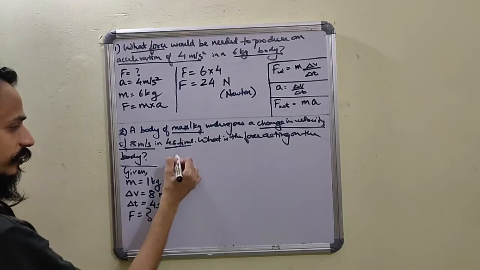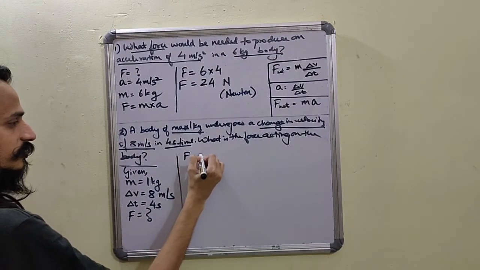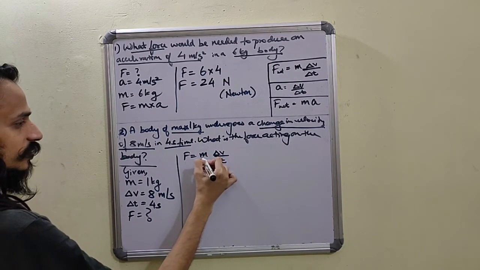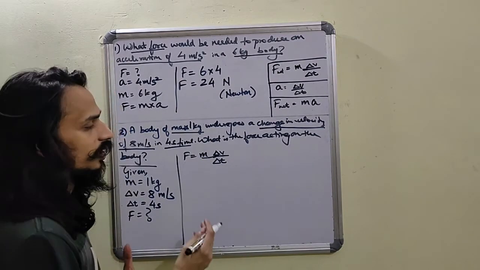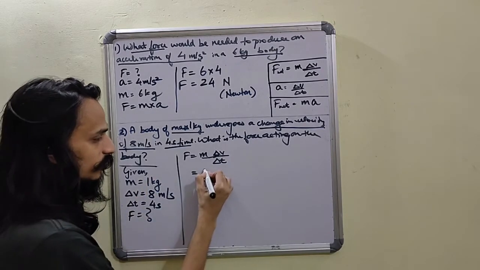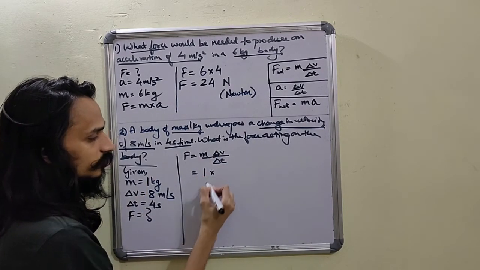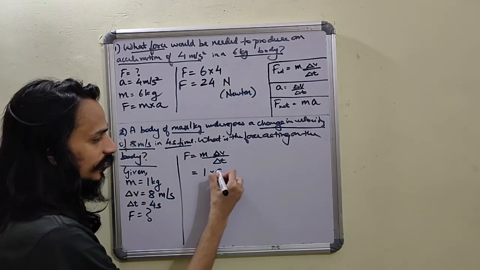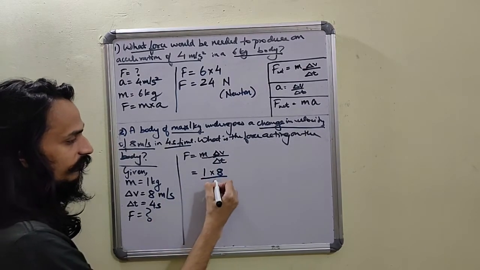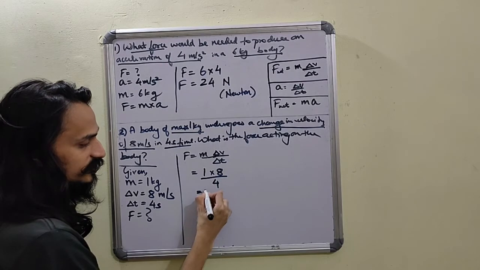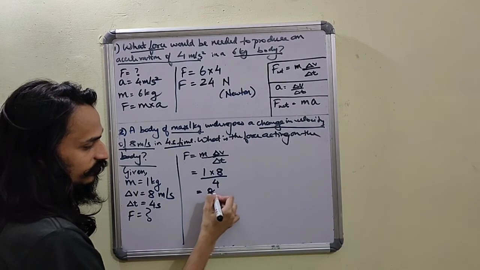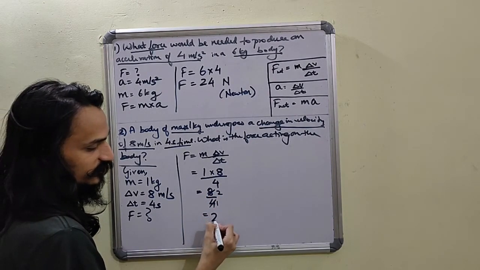So I know that F equals m into delta v divided by delta t. I simply need to substitute the values, put them in the right place. m is 1, into delta v which is 8, divided by delta t, which is 4. 8 ones are 8, divided by 4. 4 ones are 4, 4 twos are 8. 8 divided by 4 is 2.